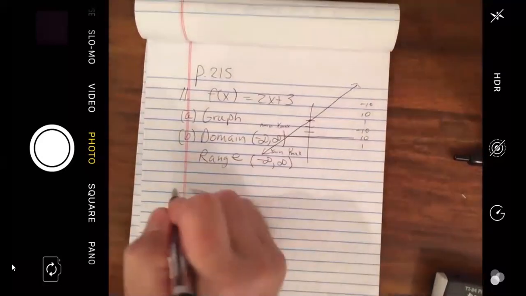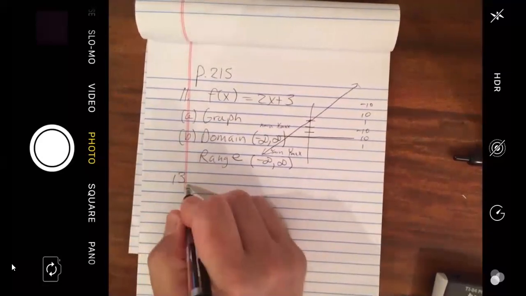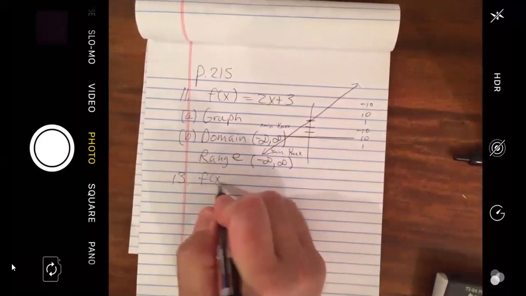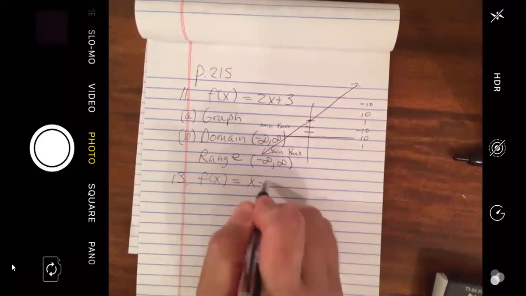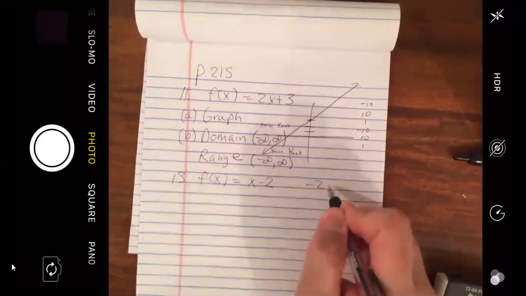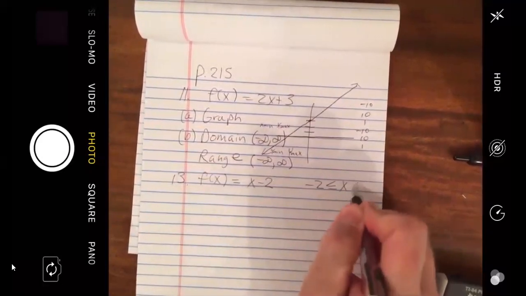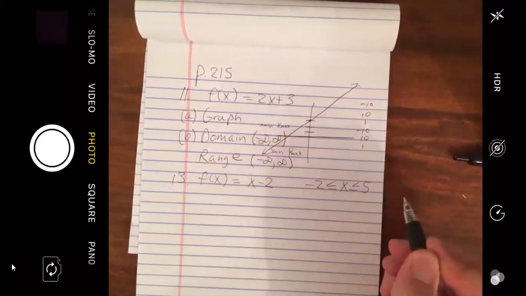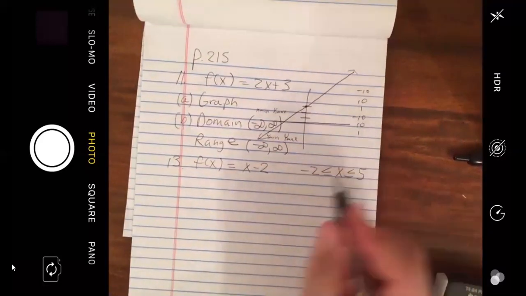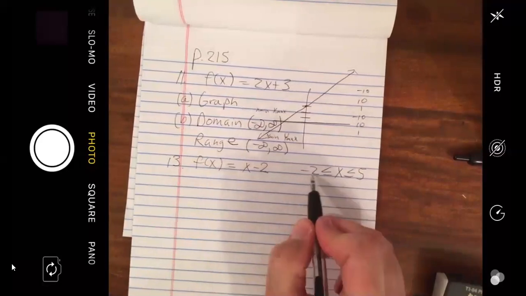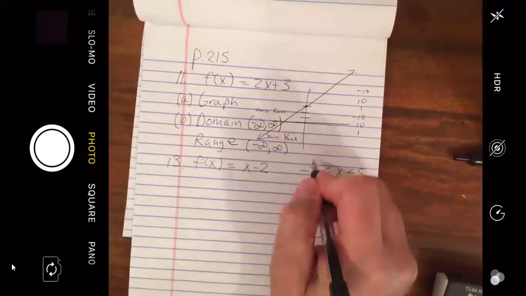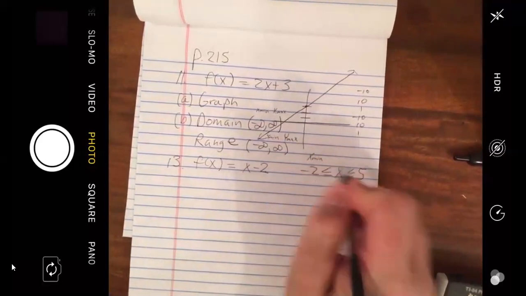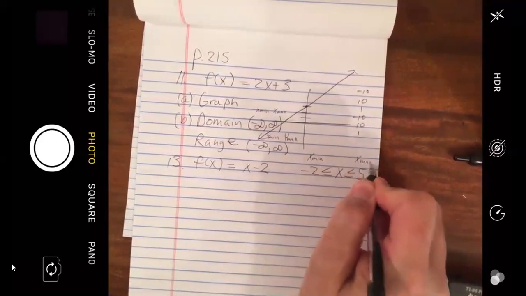Now contrast it with 13, because now they tell you f of x is x minus 2, but negative 2 is less than or equal to x less than or equal to 5. So now they want this formula between those two x numbers. They're giving you x min and x max.